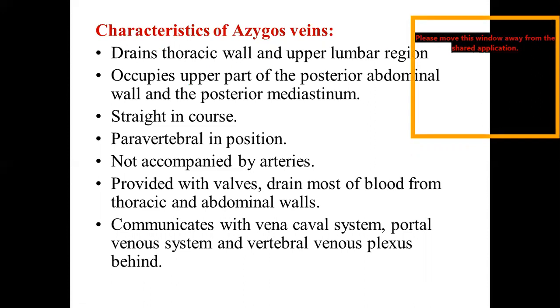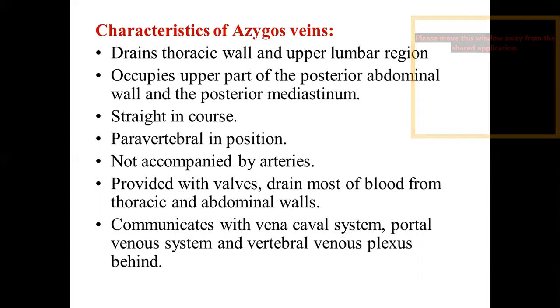There are no arteries accompanying the azygous vein, and they are provided with valves which drain most of the blood from thoracic and abdominal wall. Also, it communicates with vena cava system, that is superior vena cava, portal venous system and vertebral venous system behind.